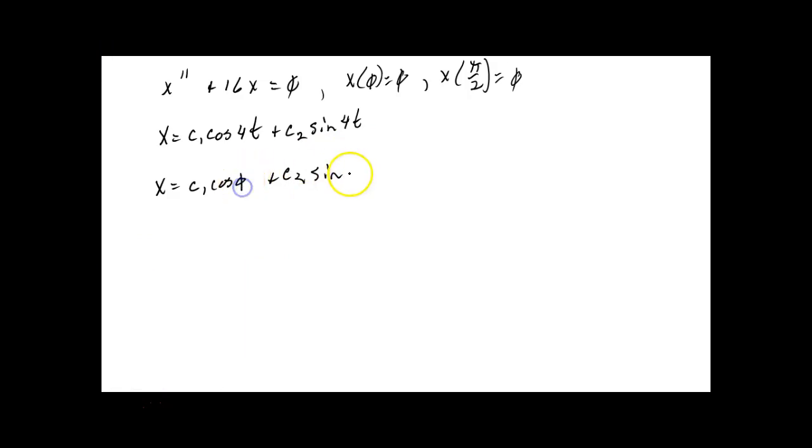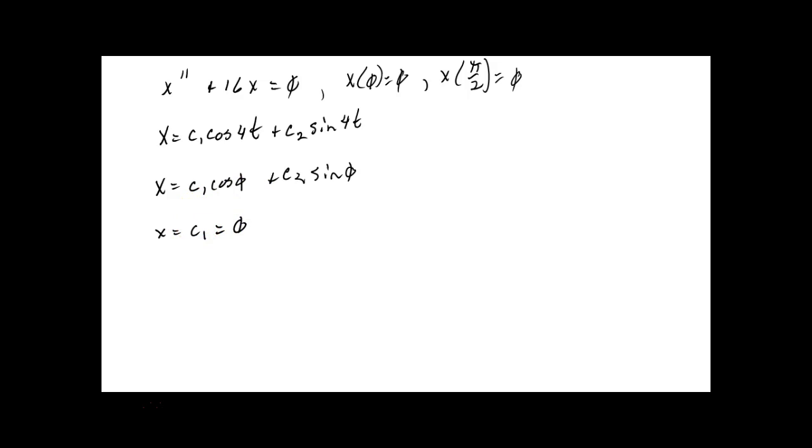That's cosine 0, sine 0. Well, what is cosine 0? 1. So that would be x equals C1, and sine 0 is 0, so you lost your C2. But when t is equal to 0, x has to be 0, so this implies that C1 is equal to 0, right?